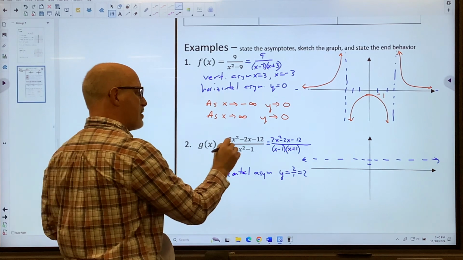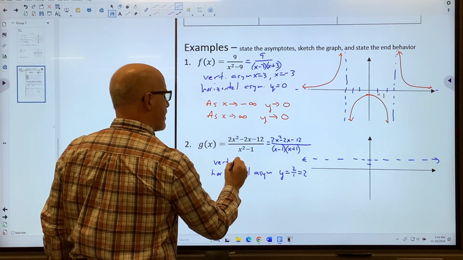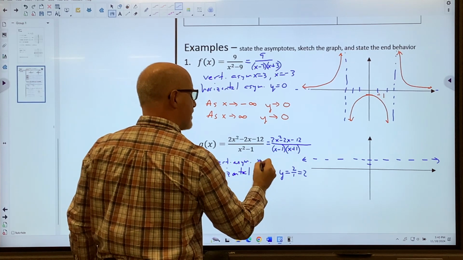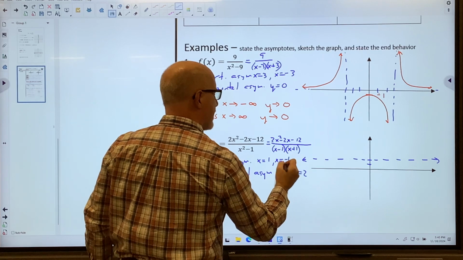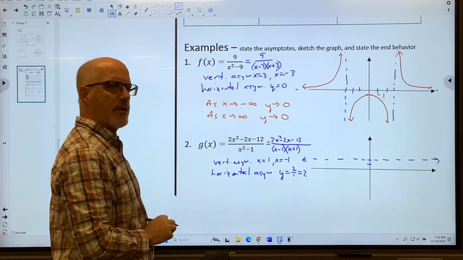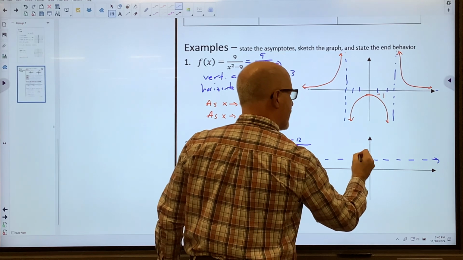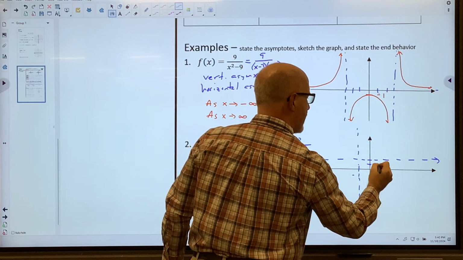But for now, I'm just interested in the denominator. So the vertical asymptote is going to be x equals 1 and x equals negative 1. Because that's what makes the denominator equal 0. So let's do negative 1 here, vertical asymptote, and also at 1.